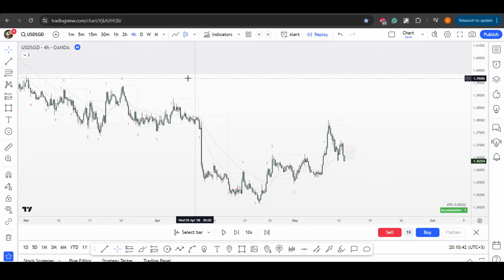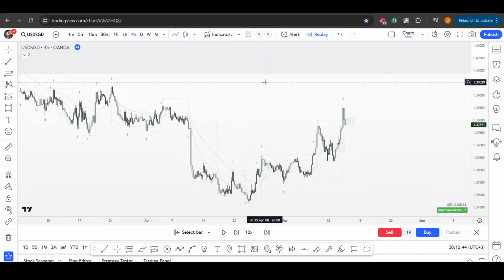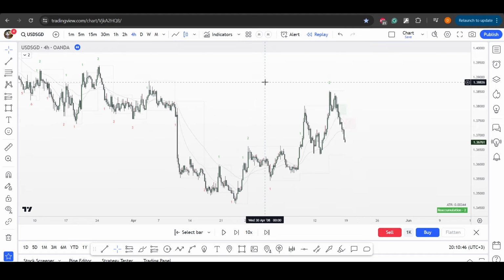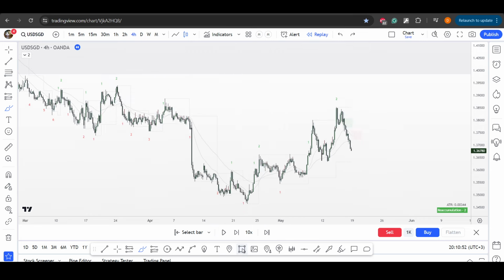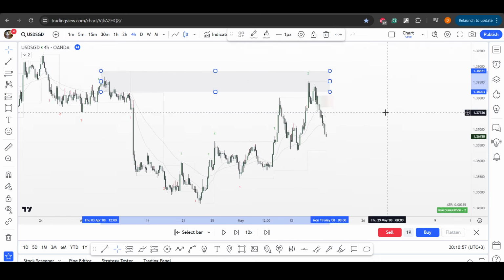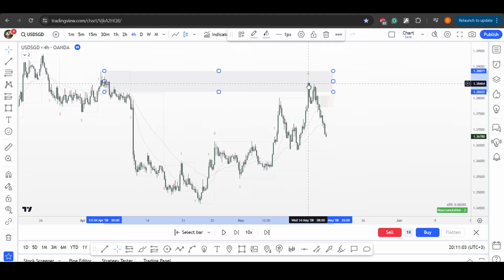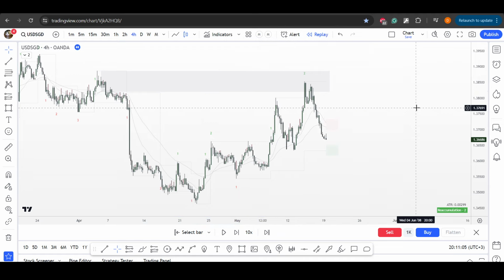Yeah, ideally we will clear these highs. Okay, almost. But what we did, we mitigated these deeper zones, and we might be ready to go even lower. We are currently in the pullback. We mitigated, so it might be finished.